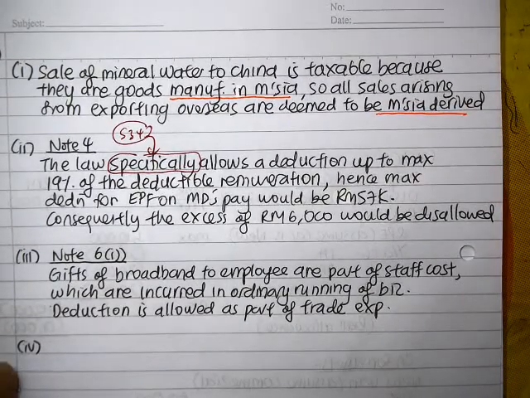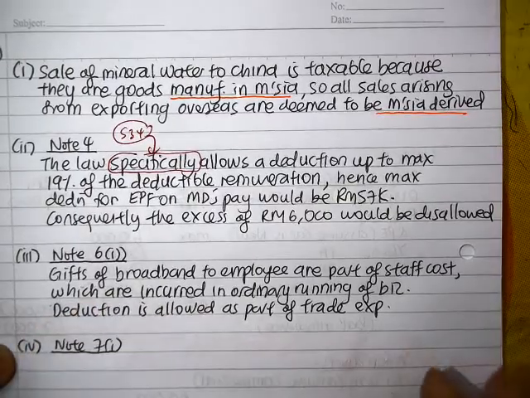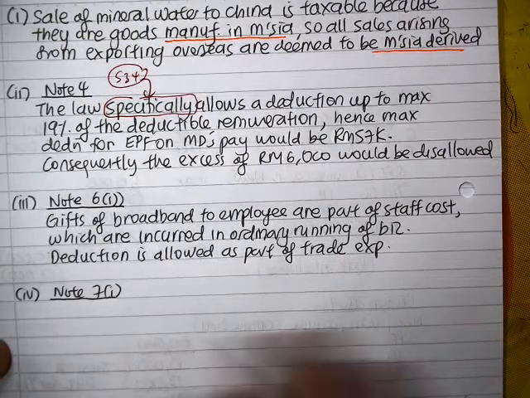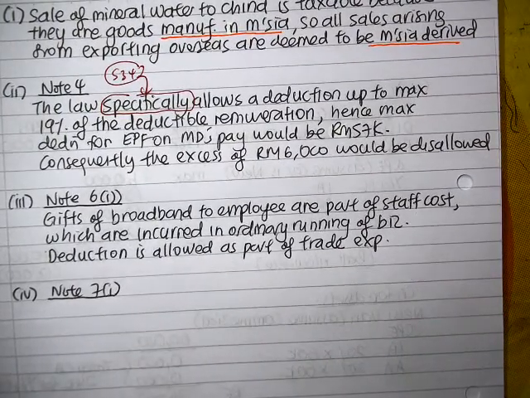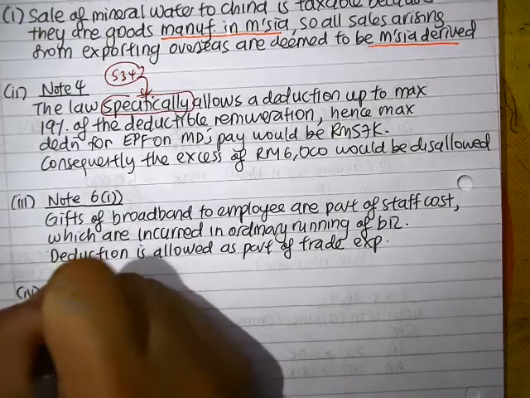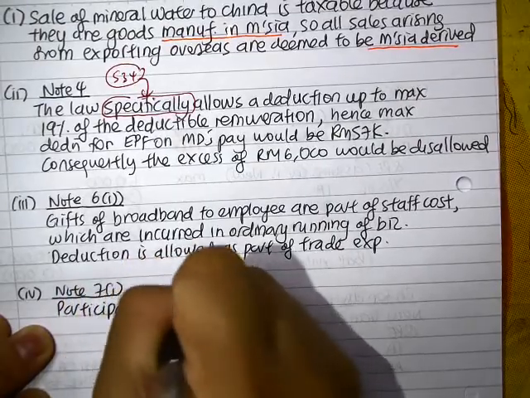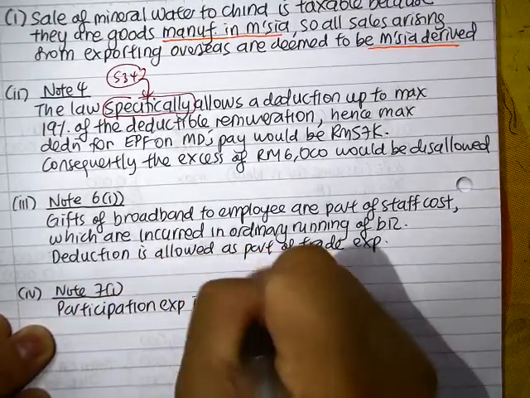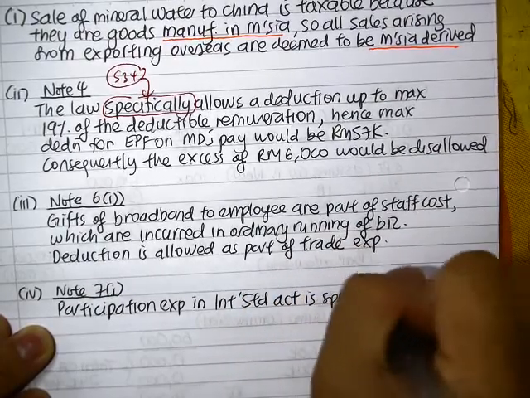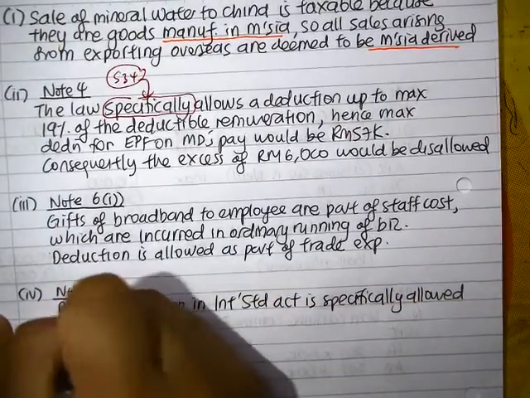Okay, number 4, they ask you note 7.1. What is note 7.1? That is the international standardization activities. Now it's allowed by section 34. So what you do is you just look at what is this, you just copy okay, that the participation expense in international standardization activity is specifically allowed by law.